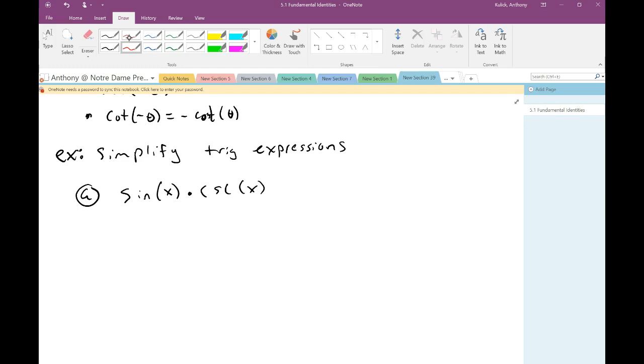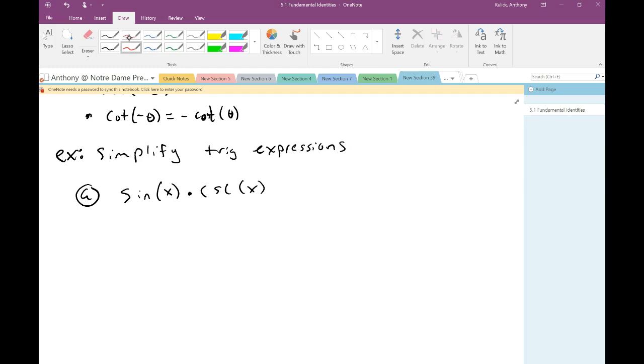So I see 4 possible identities to use. Do you guys agree with that? Okay, you're on the right track. So I see 4 possible identities I could use on this.